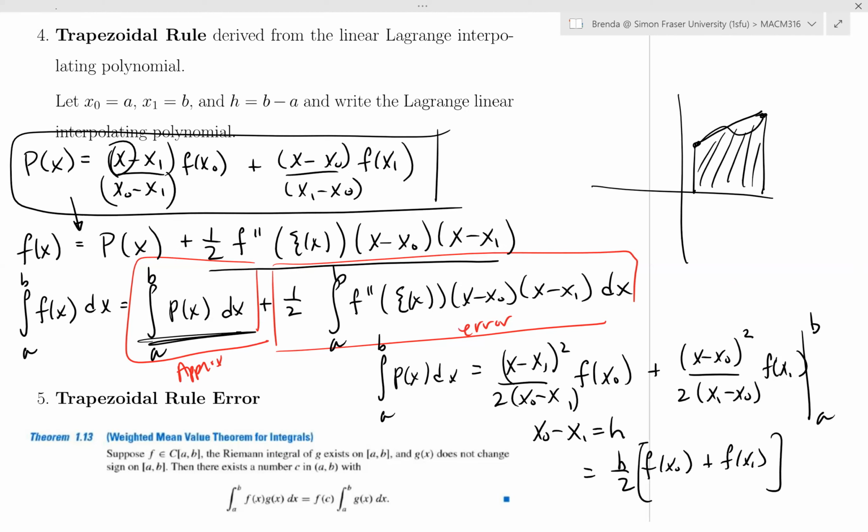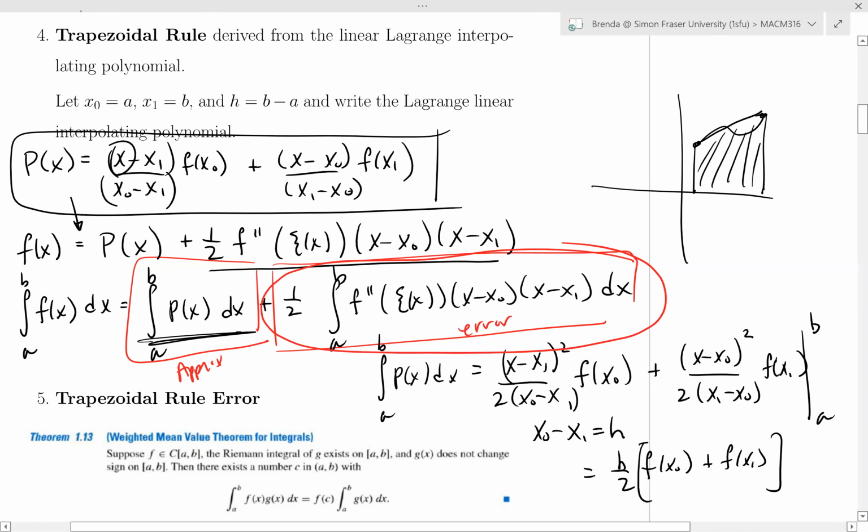Okay, voila. Coming from the linear Lagrange interpolating polynomial, I now can think about this in a manner that's going to allow me to bound the error.